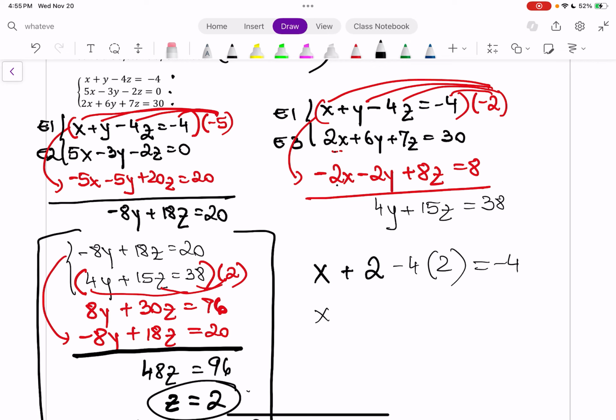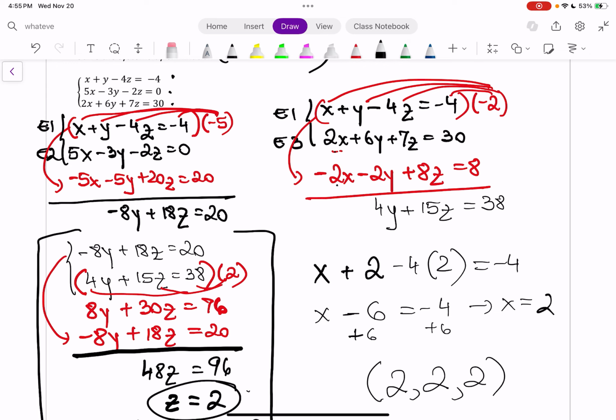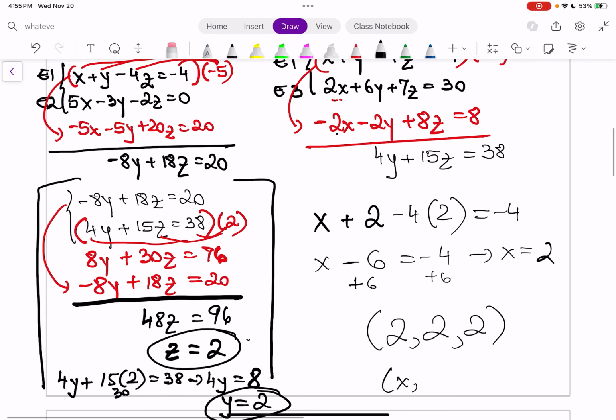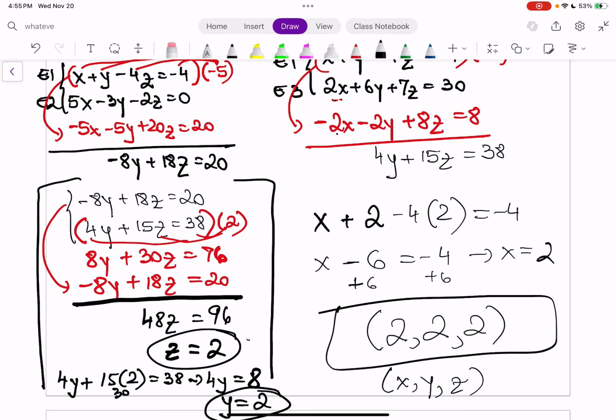Okay, so we'll get x plus 2 minus 8, and 2 minus 8 is -6. Add the 6 over finally, so you'll get that x is also 2. So our solution is going to be an ordered triple, it's called. So we always have to put them in alphabetical order, so x, y, z, so 2, 2, 2.